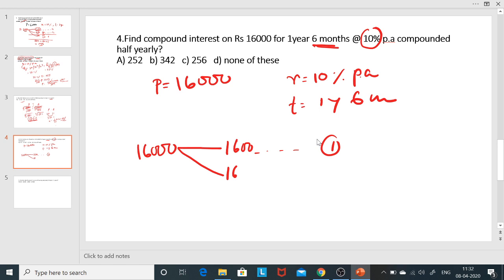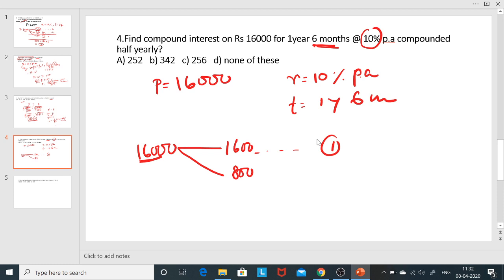No, it is rupees 5. So when you have half yearly, then the rate has to be divided by 2. So for the 6 months of the second year, it will be 5%. So 5% of 16,000, where 10% of 16,000 is 1600, will be 800.